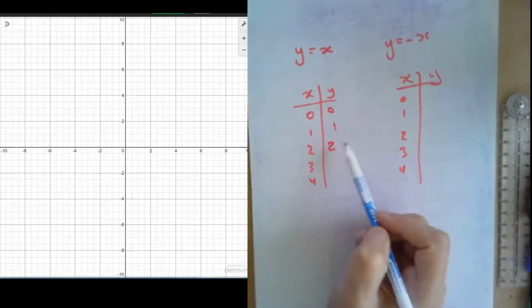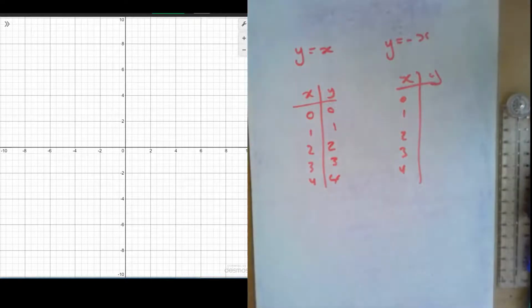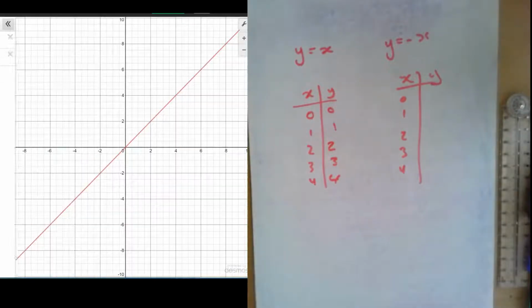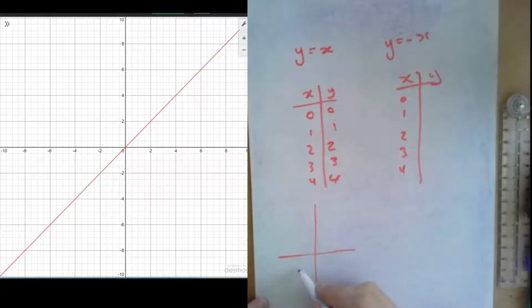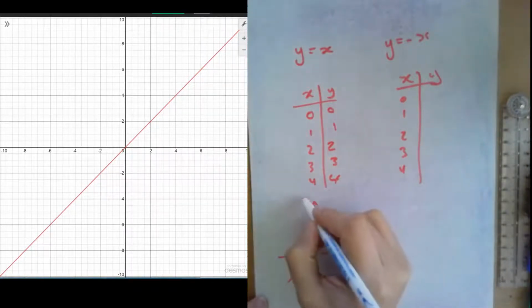X is 2, so y must equal 2. X is 3. I think you're getting the drift of that. If you are plotting that graph, you should see something that looks a bit like that red line. And you'll see the positive gradient. If anyone can remember us talking about a positive gradient, that is what your graph should look like.